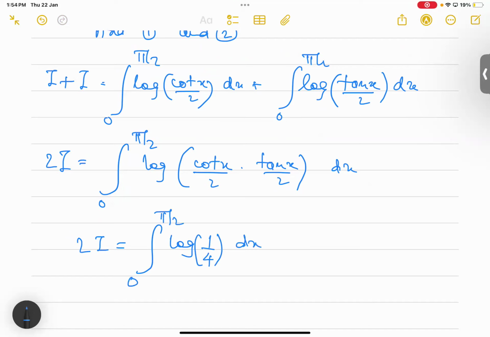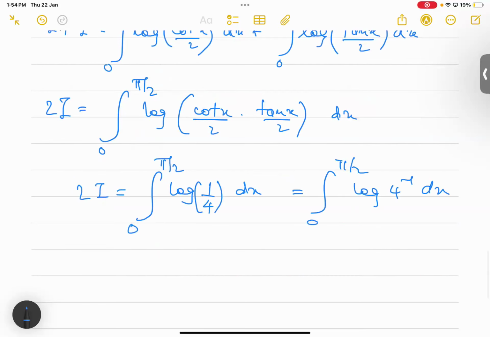Now log 1 by 4 is not 0. So can I write log 1 by 4 as log 4 raised to minus 1? Yes or no? Yes. 1 upon 4 is 4 raised to minus 1. What about minus 1? Take it out. So minus 1 log 4.